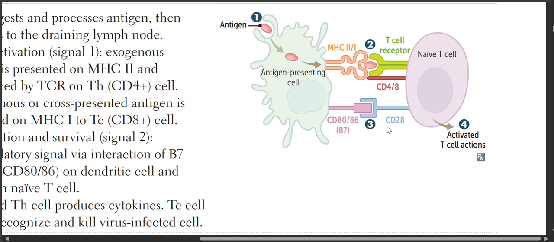There is a connection between B7, the short acronym for CD80 or CD86, and that binds to CD28. Sadly, this is something you will need to remember, but this is a secondary action, and once both of these actions are met, only then can a T cell be activated.